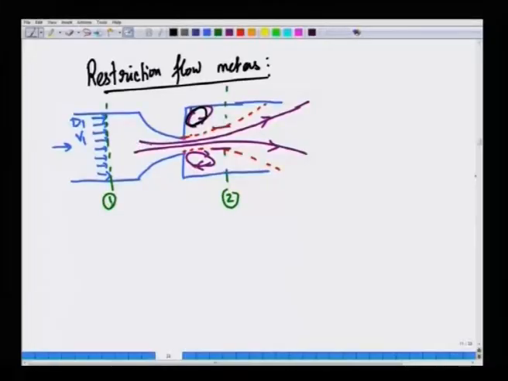So, the fluid just merely flows through this minimum area, whereas this area is not available for flow because of recirculation. That leads to losses. Now, we do not have any idea about what these losses are a priori, because this is such a complex flow process that we do not know exactly how the losses are related to the average velocity V1 that is flowing into the tube. So, that information is not available to us.